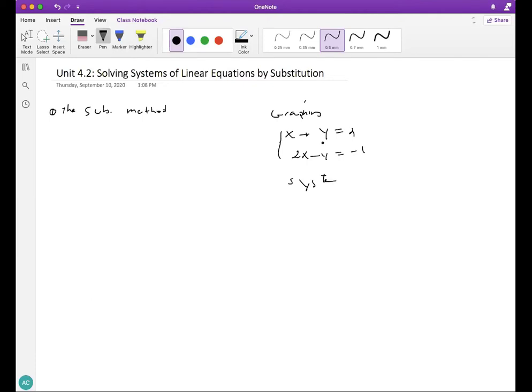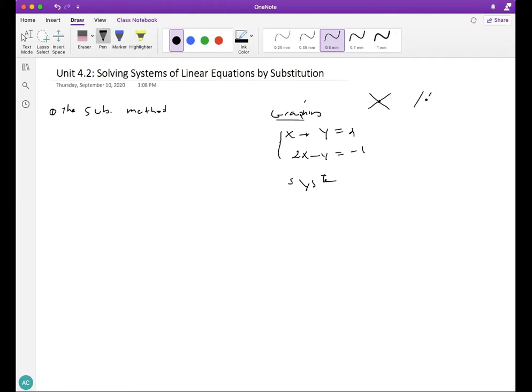And solving the system means finding whether these lines intersect or not, and the intersection of the lines is a solution. So the solution to a linear system is seeing the behavior of the lines on the same graph, as when we did it by graphing. The lines, as we saw, either intersect, in which case we have one solution, the intersection.